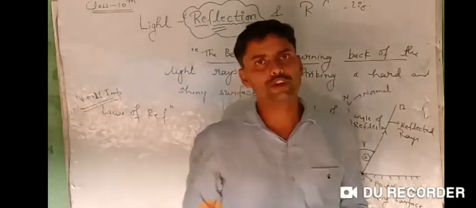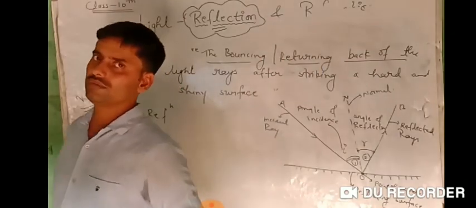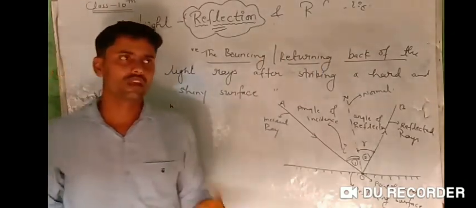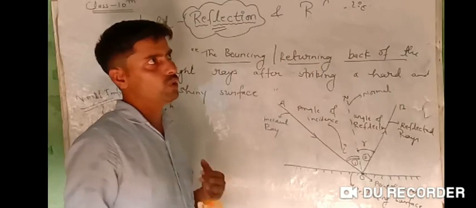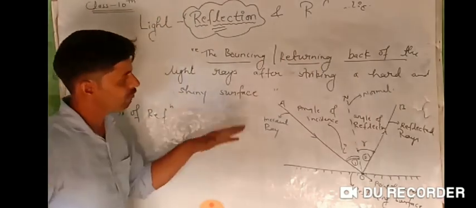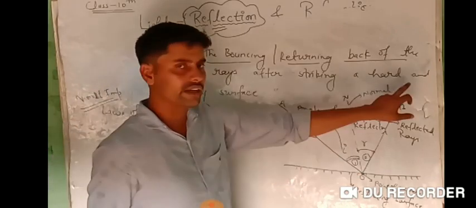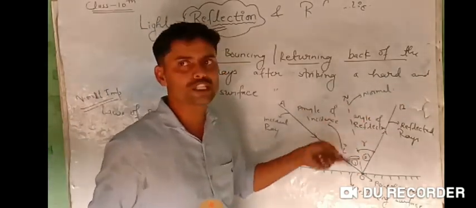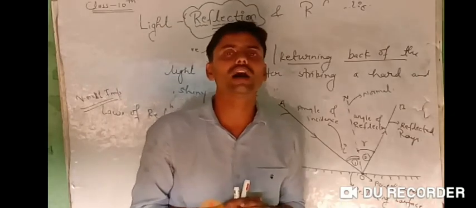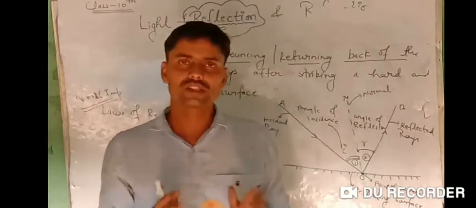In the phenomenon of reflection, when the light rays get reflected, they follow certain rules. The first rule is that the incident light ray, the reflected light ray and the normal to the incidence point, all three are in the same plane.